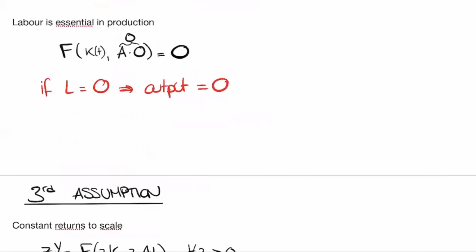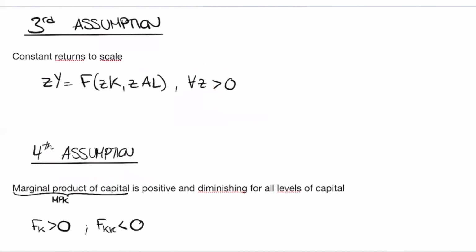Awesome. Third assumption, we are having constant returns to scale. So it means that zY is equal to F(zK, zAL) for any z positive greater than 0. And that's the case because we are considering pure and perfect competition.